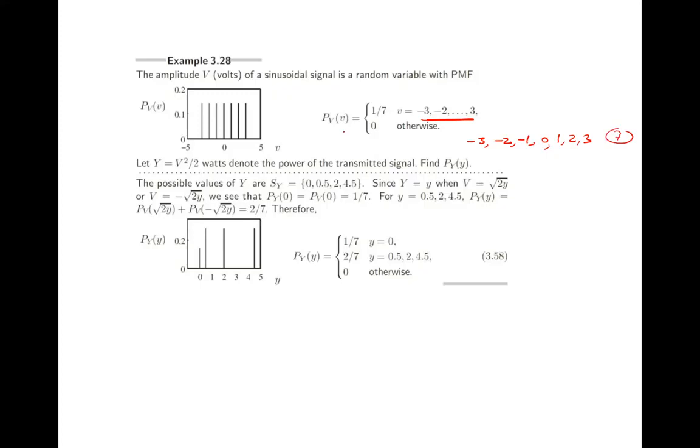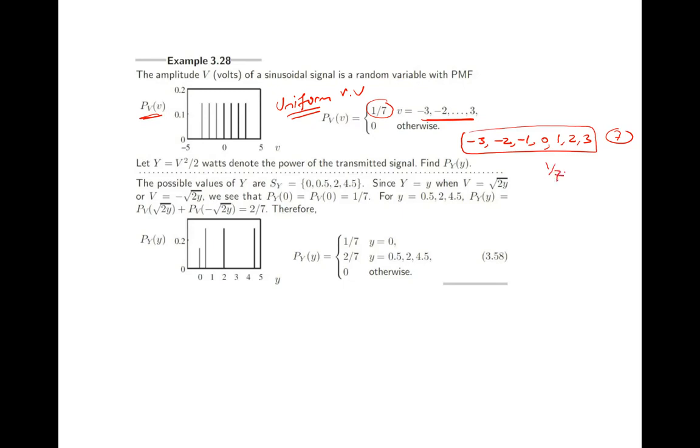And the PMF is given here, so that's uniform. It's called a uniform random variable. You can have a look at the textbook where you can find the uniform random variable. And the probability is 1/7 because we have 7 outcomes here. So the probability of each will be 1/7.